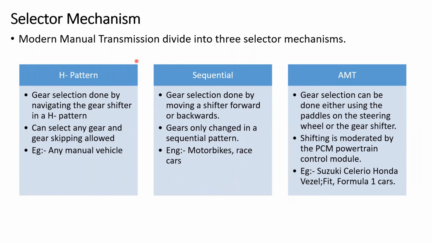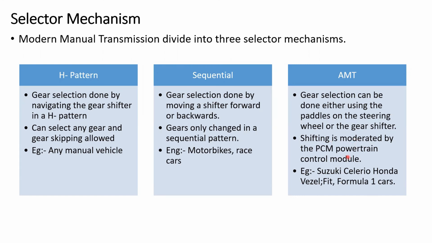Similarly for changing the gears also. The shifting is controlled by the powertrain control module. The powertrain control module controls the whole gear changing, and it depends on the output and whether you have traction control switched on. Everything is considered in this method.